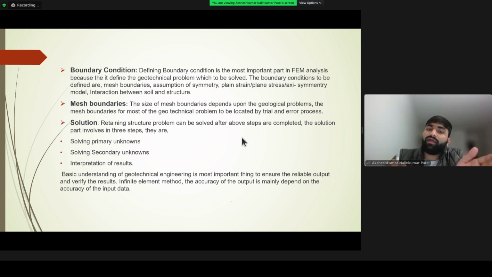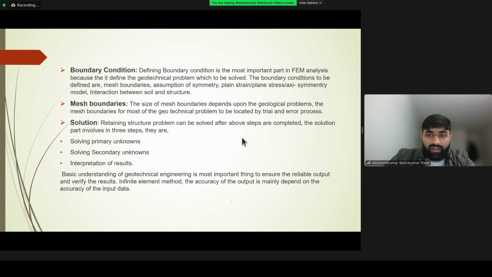Sometimes we assume symmetry and plane stress relations. It is also important to see whether there is any interface between the soil and the structures.